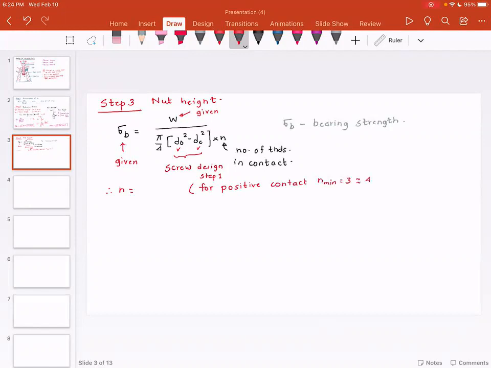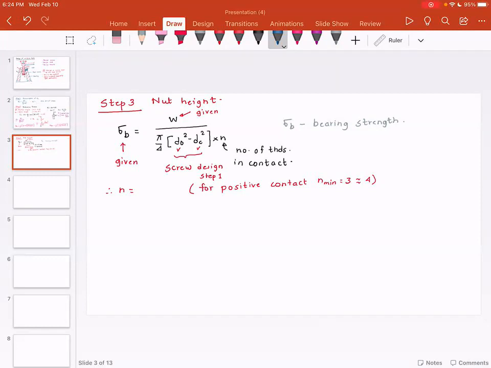So in the case of screw jack, you can consider N minimum to be 3 or 4. So once we know the number of threads in contact, say for a particular screw design, you apply these equations and find out the value of N is equal to 1.